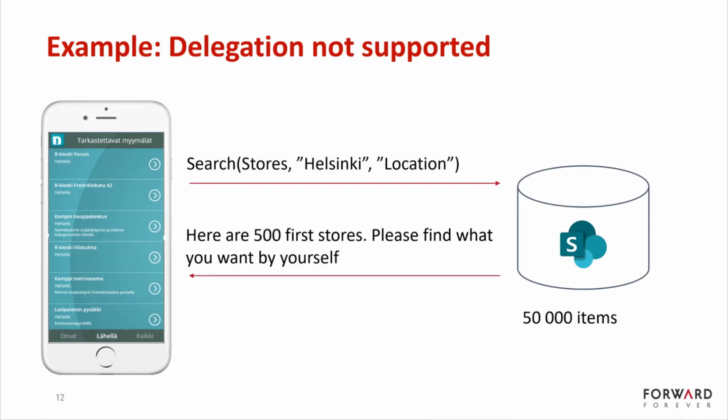But if you ever have more items than 2,000, then you have to start to get rid of those delegation issues. There are a number of ways you can do that, but you have to understand what kind of problem you have, and whether you can ignore those delegation warnings.